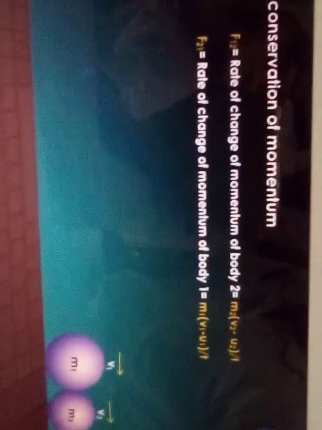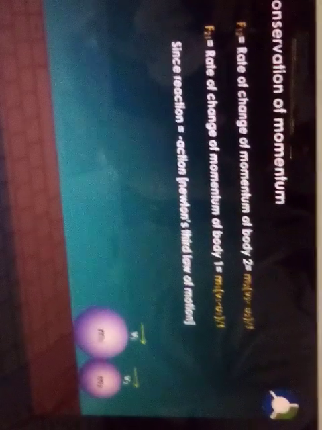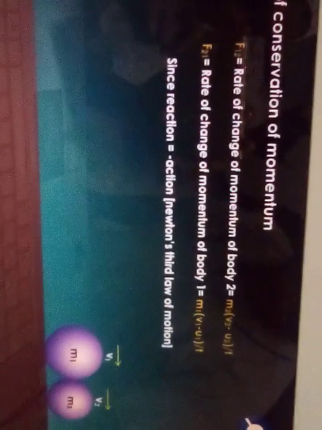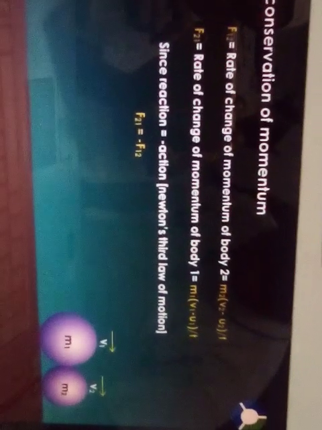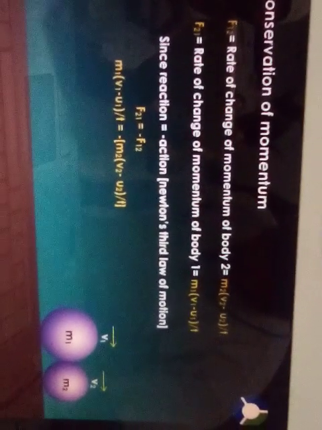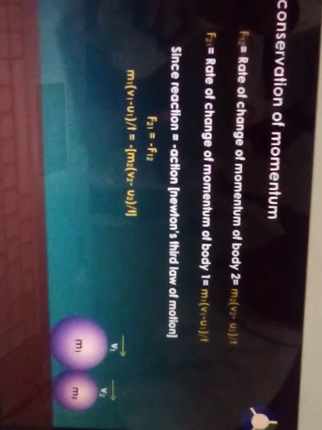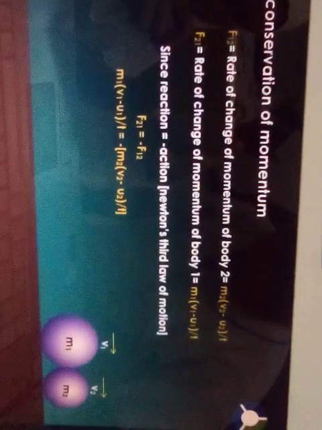F21 equals m1 multiplied by (v1 minus u1) by t. Since reaction equals minus action, Newton's third law, F21 equals minus F12. So m1 (v1 minus u1) by t equals minus m2 (v2 minus u2) by t.